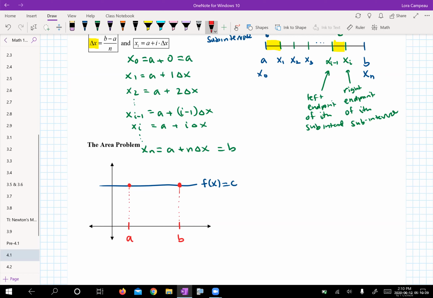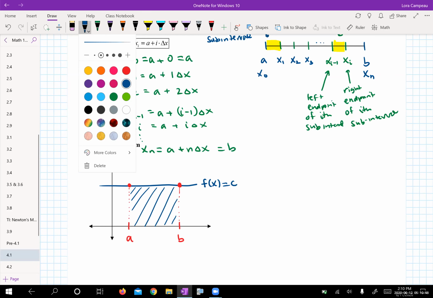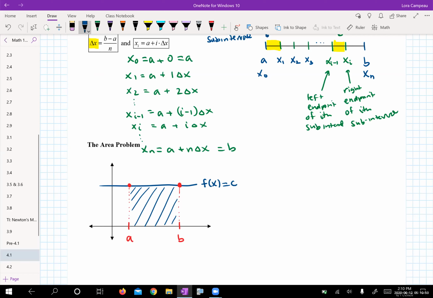It gives you endpoints and a geometric shape for you to figure out. What shape does this make? If it's a constant curve, you probably say, oh, that's my favorite shape of all, the rectangle. So you have a formula for rectangles. We've done this before. Area is always length times width.